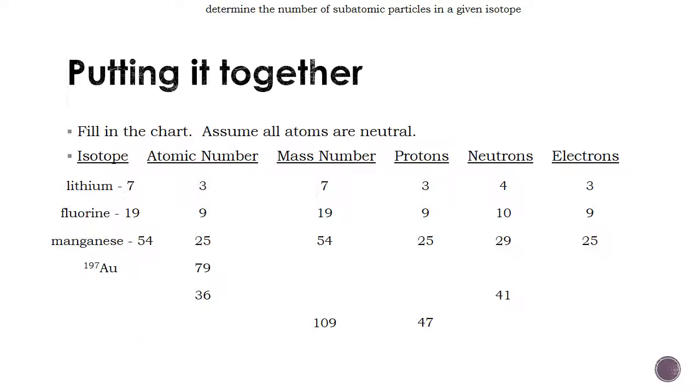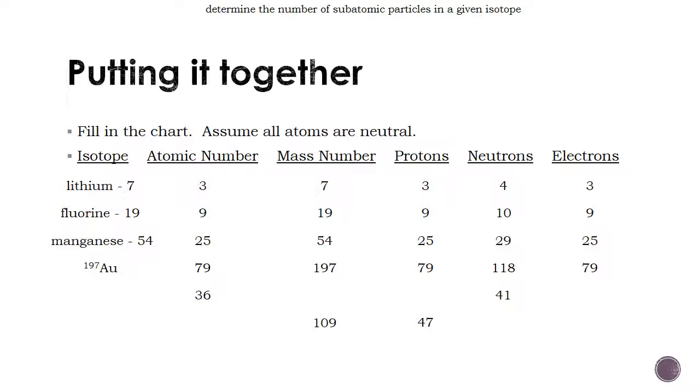That's just straight from the periodic table, which also means we have 79 protons. We have 79 electrons. Now we are given the mass number in the symbol there. That mass number is 197. And so to get our neutrons, recall that is the difference between the mass number and the protons. So we simply subtract 197 minus 79. That will give you 118.